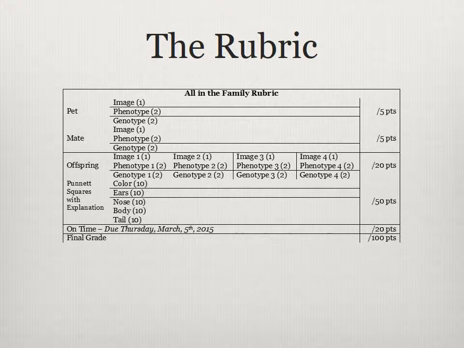So you're going to turn in your poster board with your 5 crosses or 5 Punnett squares, with your 5 paragraphs, that is your written explanation of each Punnett square, with your 4 puppies that have been drawn onto your poster board or typed up and pasted on your poster board, and then your 2 parents. That's your pet and then Mrs. Dempsey's pet. And that will be posted on your poster board. And then you're going to turn that in Thursday, March 5th. And that'll be 100 points for that project.